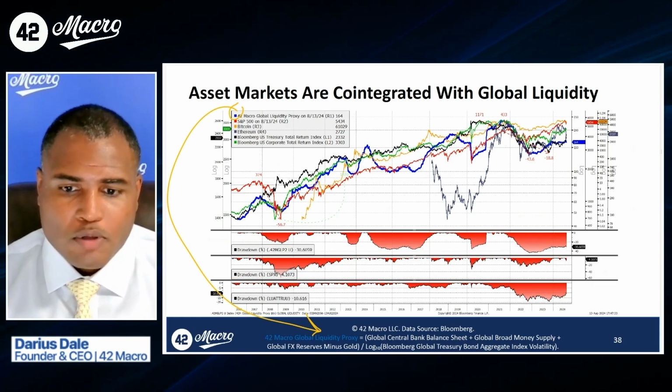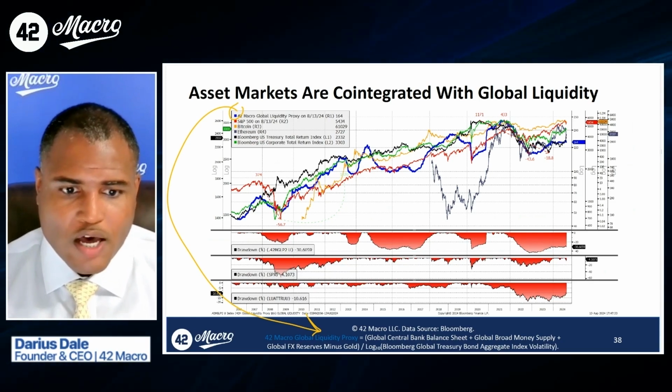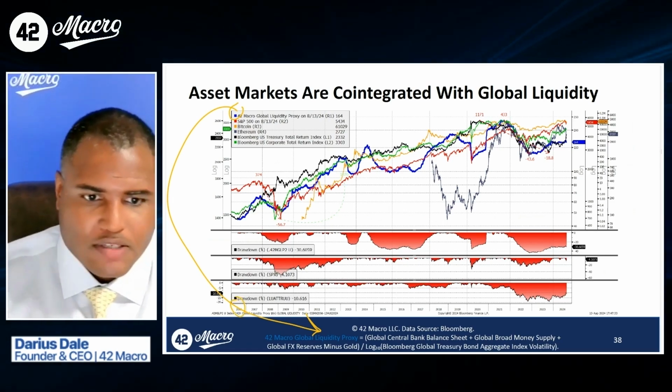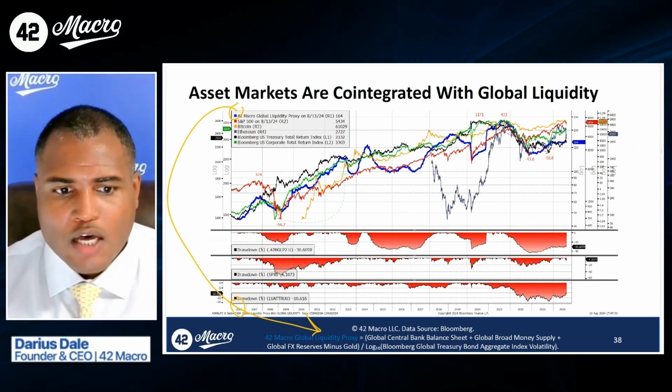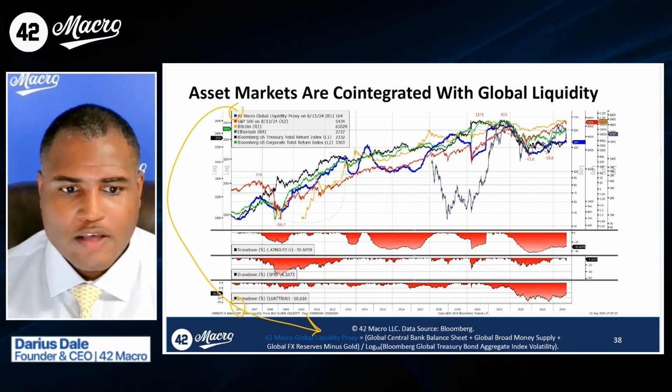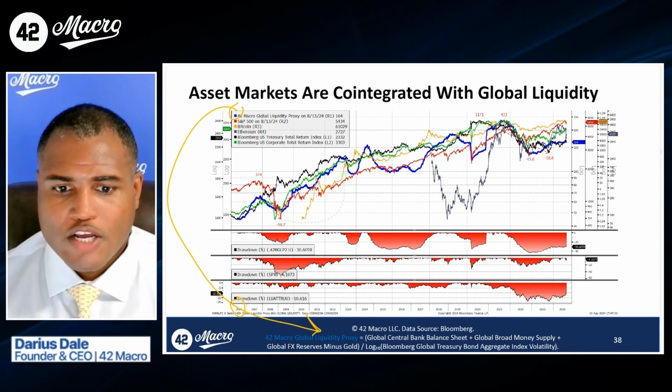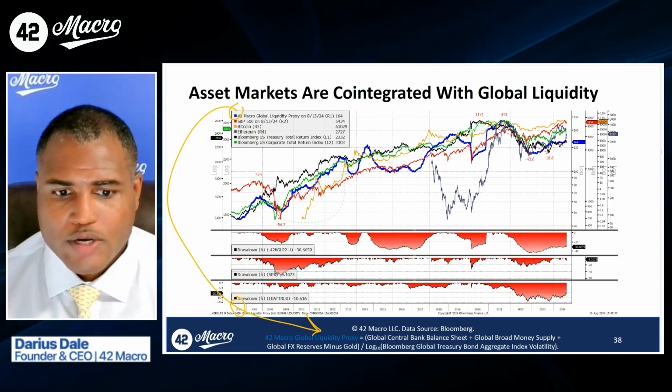And so the blue line in this chart just shows the time series of the global liquidity dating back to 2006. The red line is the S&P 500. The orange line is Bitcoin. The purple line is Ethereum. The black line is the Bloomberg U.S. Treasury Total Return Index. And the green line is the U.S. Treasury Corporate Return Index.